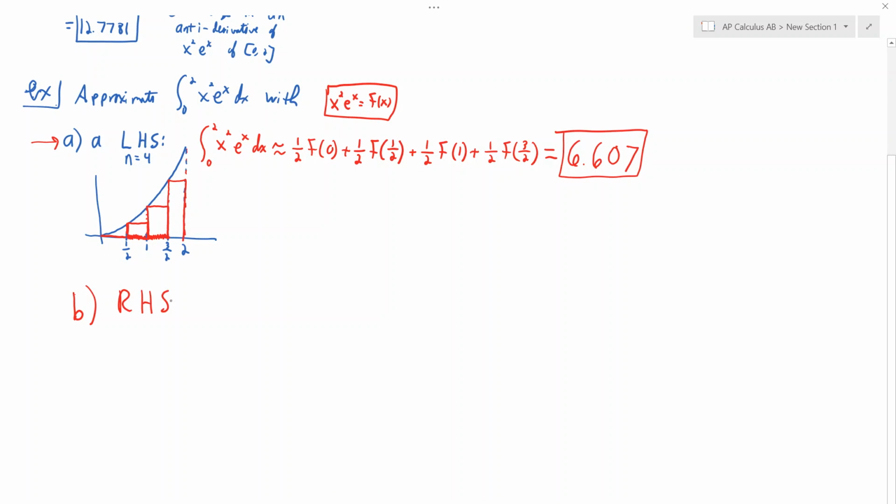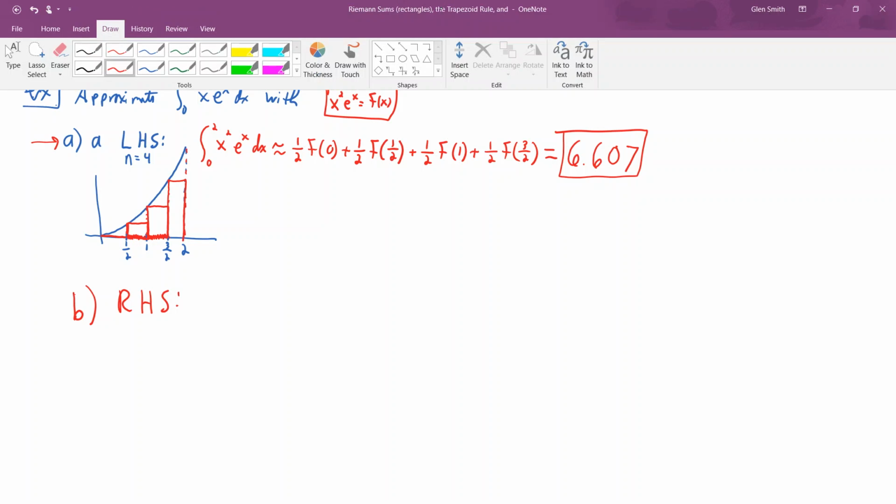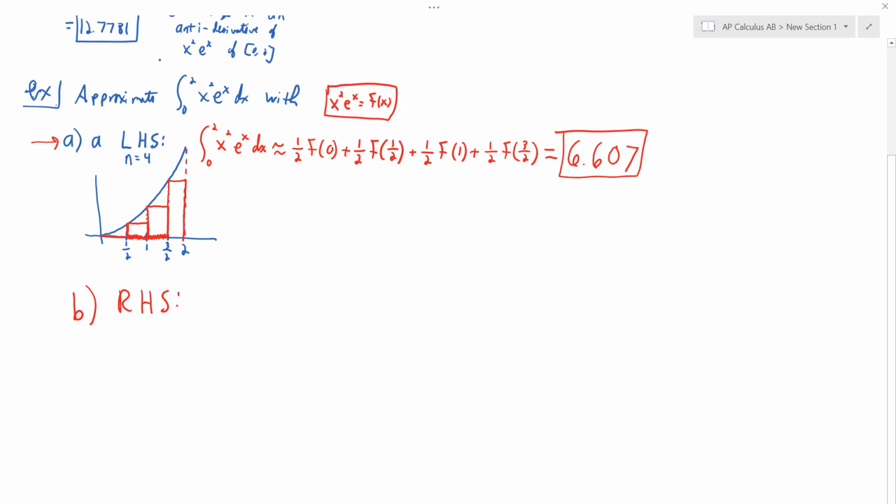I'm gonna draw out what it looks like, but you don't really have to draw it. Yeah, still n equals 4. Good question. Yeah, we'll do n equals 4 for all of these.